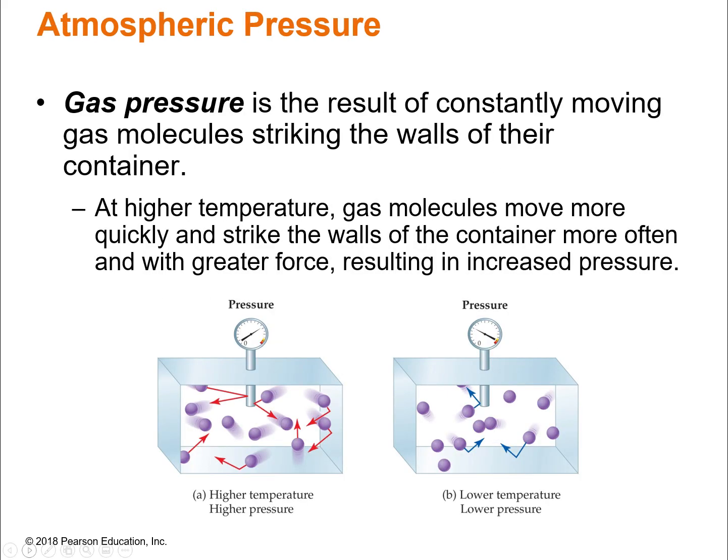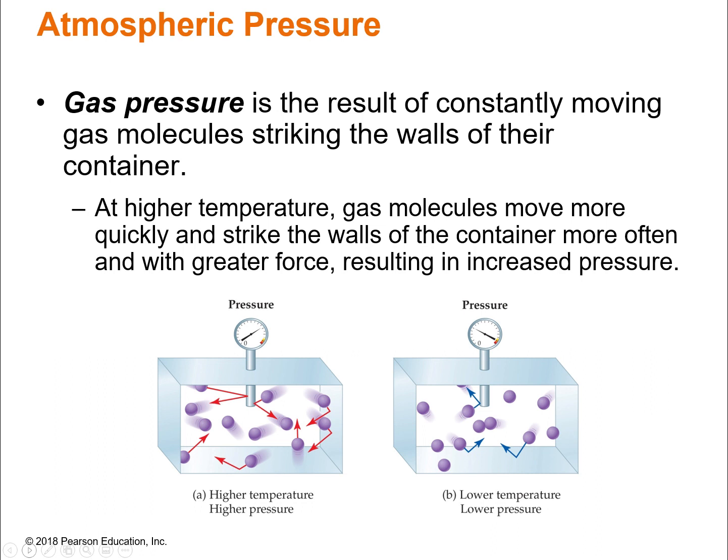I will talk a little bit about what gas pressure is, just to make sure that we're all on the same page, because we're going to be talking about pressure amongst other things for the rest of this class. So gas pressure results from all the gas molecules in a container striking the walls. That's literally it. And that sounds kind of crazy because you can't even see these gas molecules.